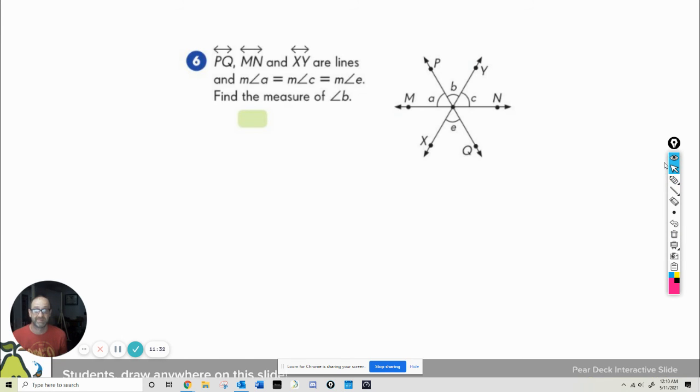Pause me, because I'm going to solve it in about 2 seconds. All right, did you get 60? There's no numbers there. But it says A equals C equals E. But A also equals angle G. And if A equals that, C equals F, E equals B, they all equal each other.